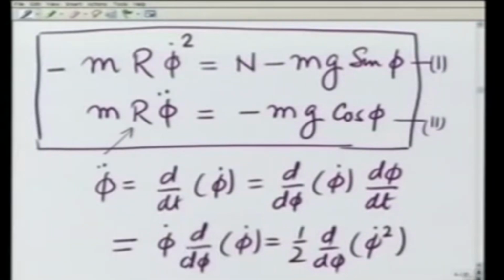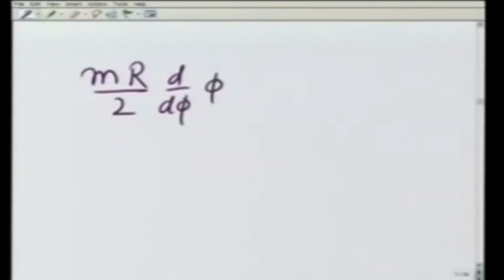And therefore, my second equation now reads m R over 2 d over d phi of phi dot square is equal to minus mg cosine of phi.